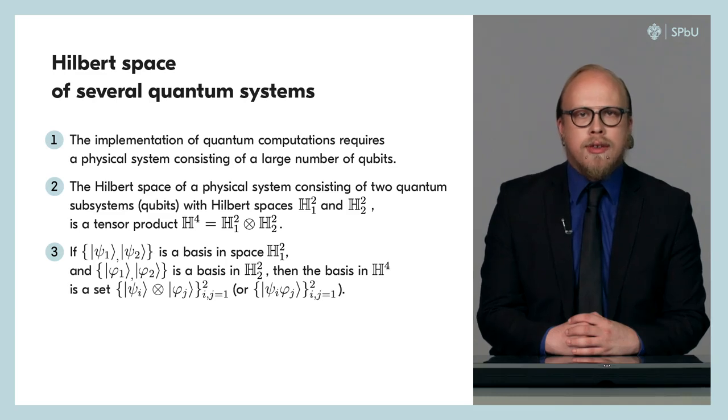Then the state of the whole system consisting of two qubits will be described by the tensor product of the vector psi and the vector phi, which is already an element of the four-dimensional Hilbert space H, which is also obtained by the tensor product of the Hilbert spaces of the individual qubits H1 and H2.